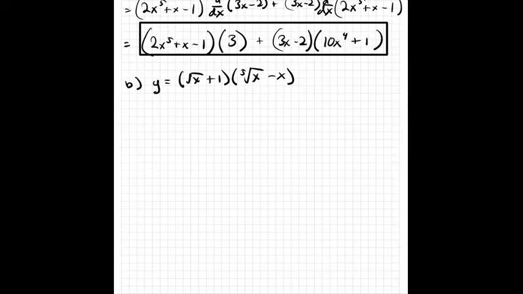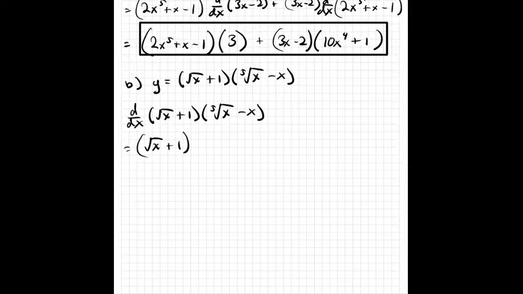So then d by dx of this product is going to be the first, which is this, times the derivative of the second plus the second times the derivative of the first.